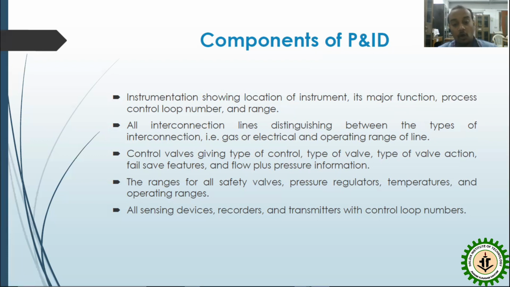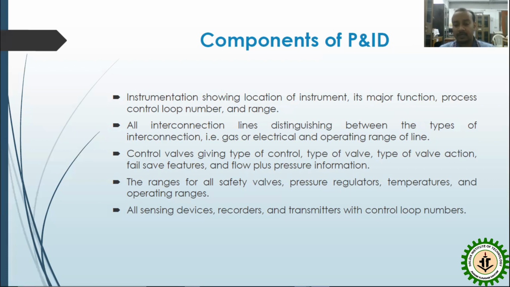Not only that, the final control elements, the control valves, will also be there in the pictorial or symbolic representation of a P&ID, from which we can get information about which type of valve it is, the type of valve action, whether it is yet to open or yet to close, whether fail-safe features are associated with it or not, and whether flow, pressure, or flow plus pressure information is given.